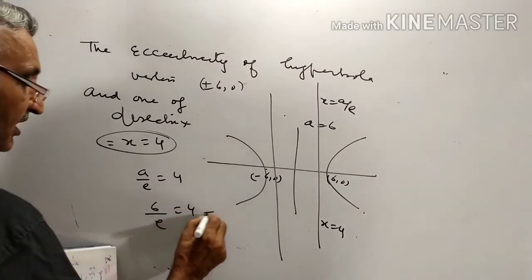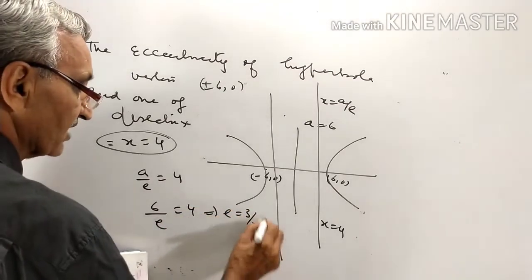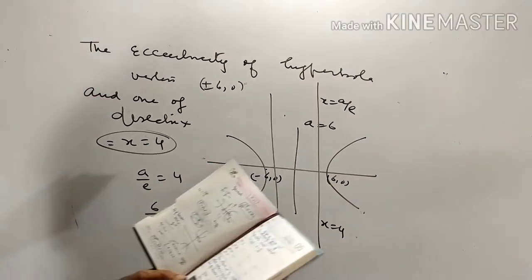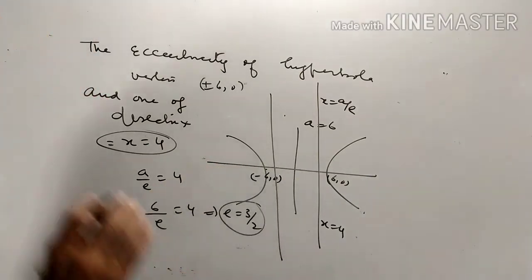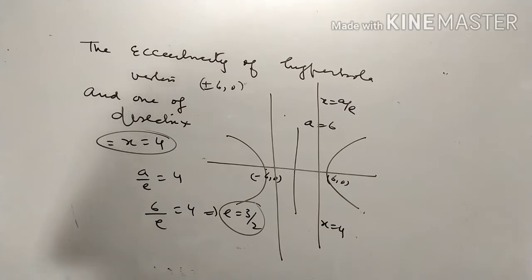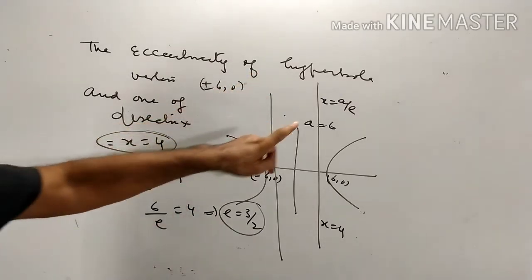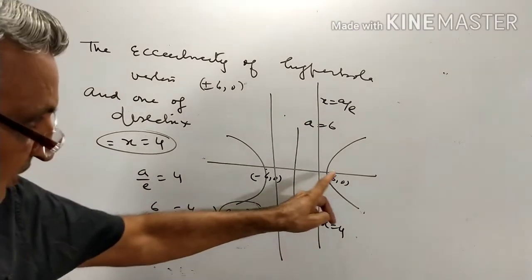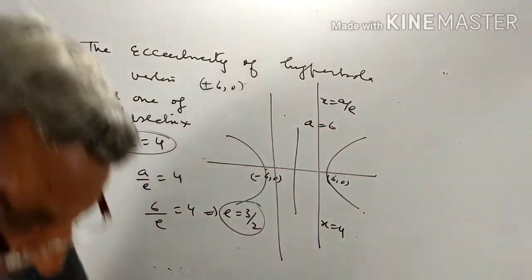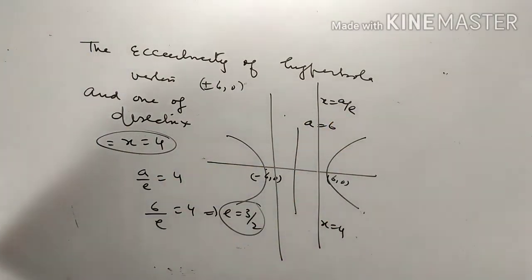So therefore e is equal to 3 by 2. That is my choice A, 3 by 2. Here the eccentricity of the hyperbola is needed. And here from the vertex, a is equal to 6, and the directrix corresponding to this is a upon e, and therefore we got the answer.